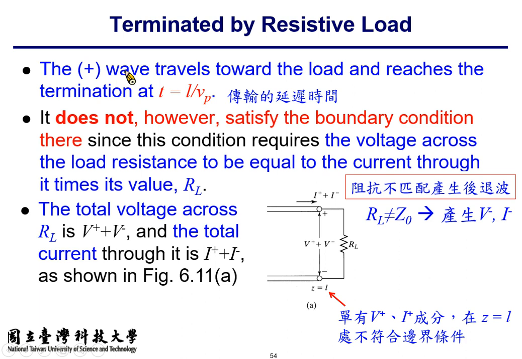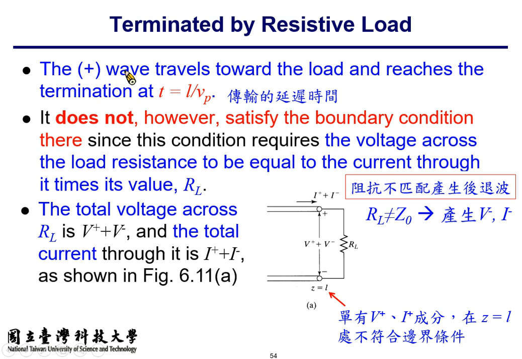However, the load resistance, as we've seen a few slides ahead, RL is 100, which means the voltage across RL should be 100 times the current on RL. So V plus and I plus signals alone cannot satisfy the condition for RL.